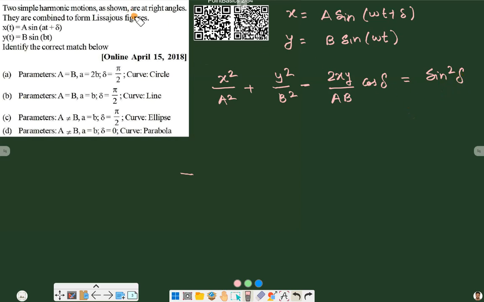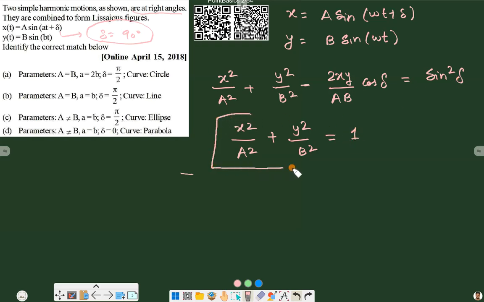Now here we are given that they are at right angle to each other, which means that delta is 90 degrees. So we put delta equal to 90 degrees. Now cos 90 we know is 0. So we will be left with x square by a square plus y square by b square equals sine square 90, that will be 1.